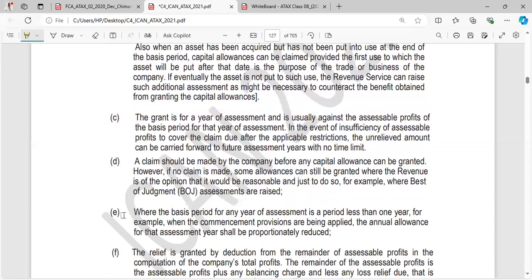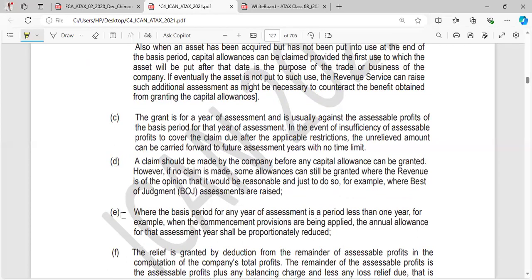Now it says the grant for a year of assessment is usually against the assessable profit of the basis period for that year of assessment. So what it means is that the capital allowances for a particular year of assessment is used to relieve the assessable profit for that same year of assessment.